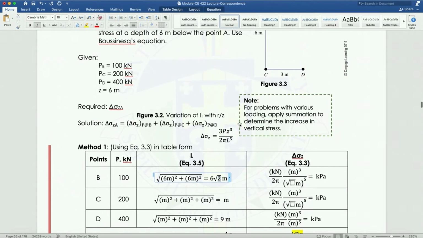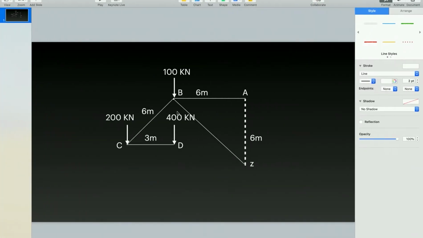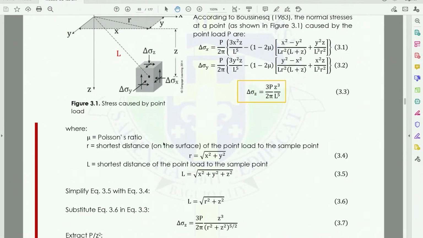Next would be the L of C. Now for the L of C, it would be from this point up to this point. So what are the coordinates involved? So assuming that this is our x-axis, the y-axis is here, and the z-axis is here. So what are the coordinates? We have 6 by 6 by 6, right? So we have x, y, and z coordinates.